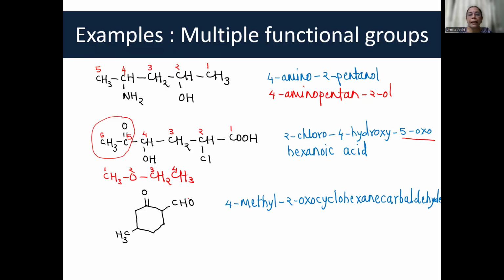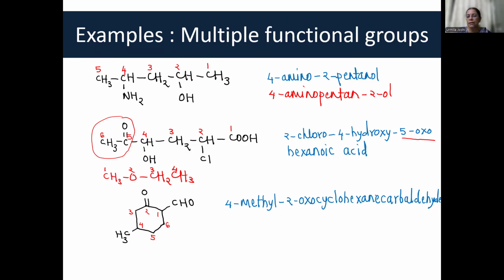Now, how to number the ring? Wherever there is parent functional group, put number 1, 2, 3, 4, 5, and 6. So it is 4-methyl-2-oxo. The number 2 is given to the carbonyl carbon in the parent. So it is oxo. Okay, cyclohexane. And then since CHO is not numbered along with the parent, what we have done?